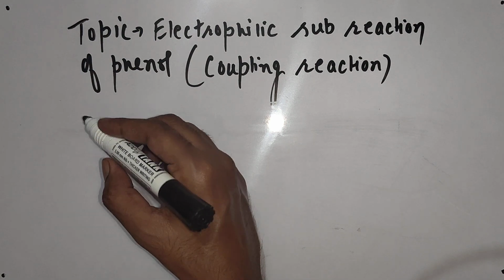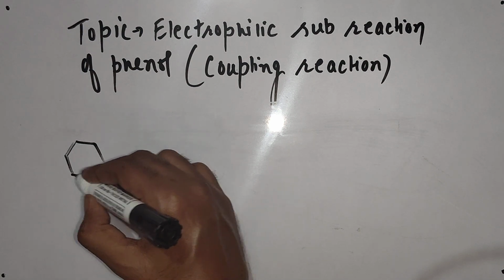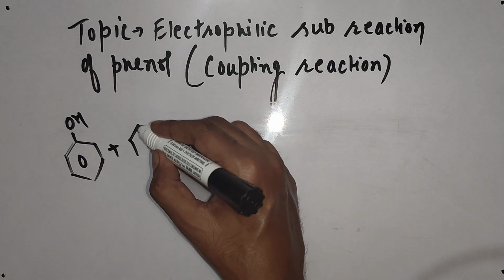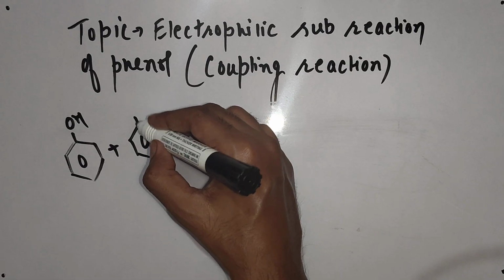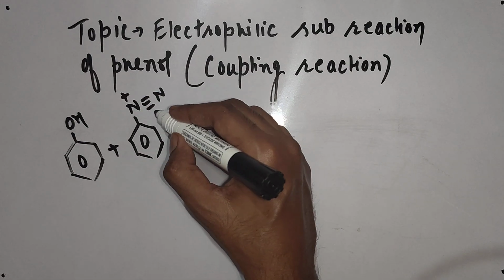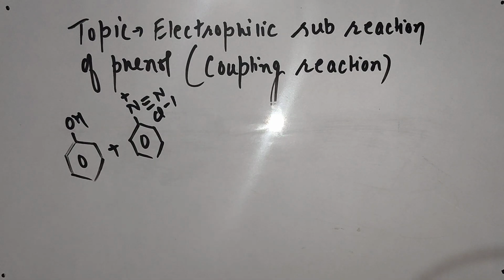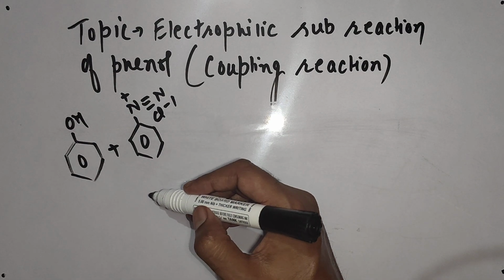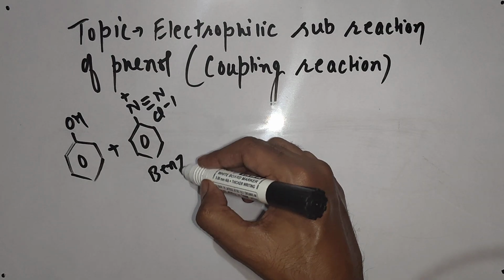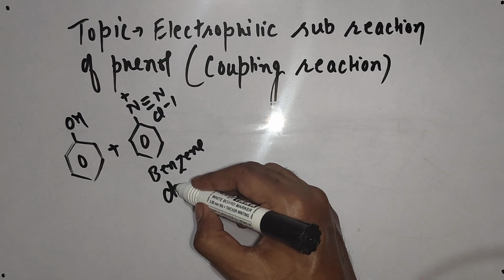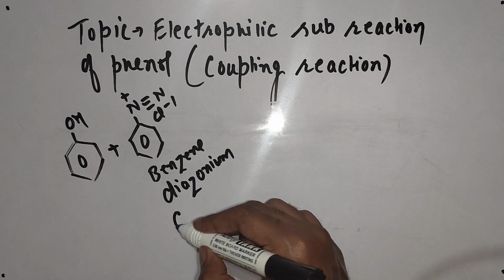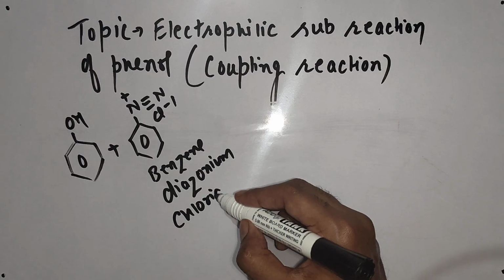In this reaction, our phenol is going to react with this compound. This is very well known to us, benzene diazonium chloride.